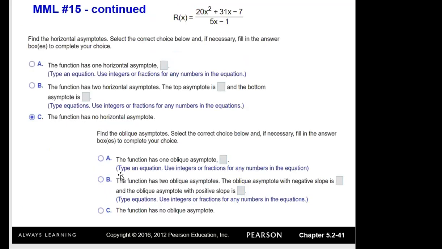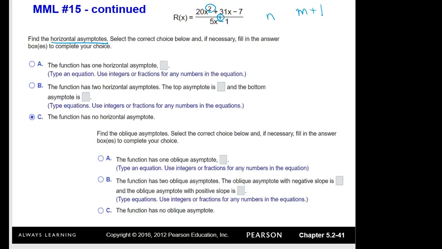And then for the horizontal asymptotes, you look at the degree. This is a 2 and this is a 1. If n is greater than, or what does it say? n is greater than m plus 1, or equal to, oh, equal to.